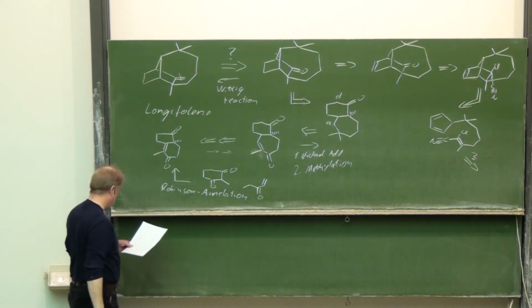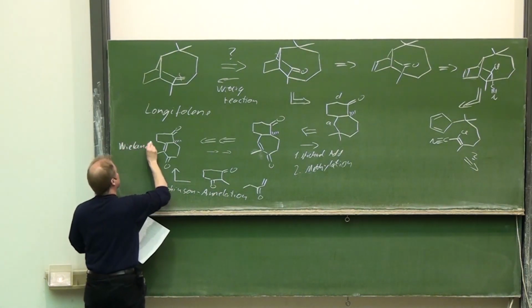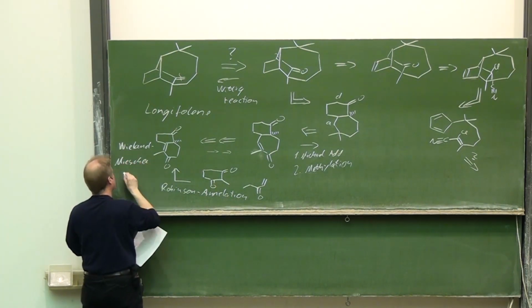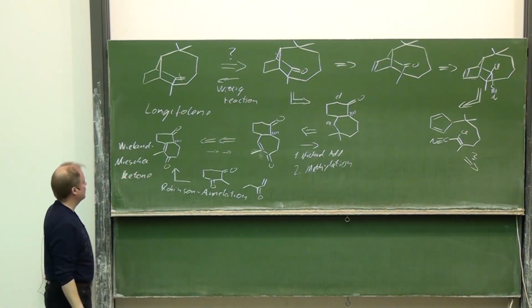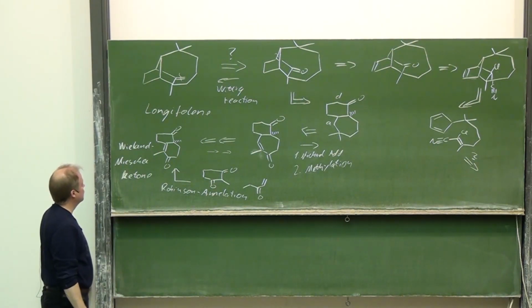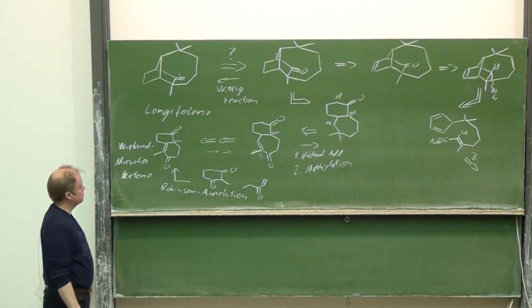Actually, this structure is very well known and has a name. It's the so-called Wieland-Miescher ketone, very well known as almost a starting component for several steroid syntheses.